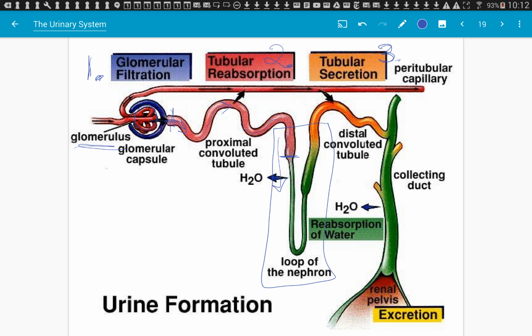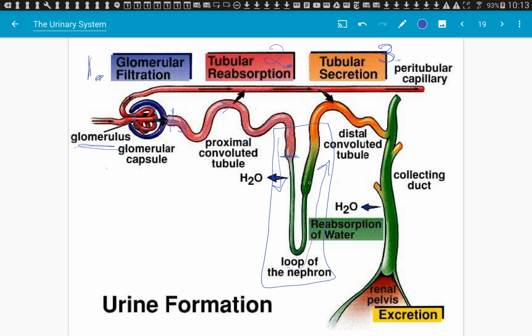So it's thinner, and that means it's a lot easier for substances to pass through that very thin wall of the nephron. What's commonly happening in the descending loop of Henle is a lot of water is taken back out, reabsorbed. Okay?